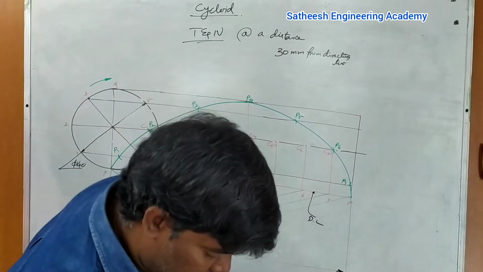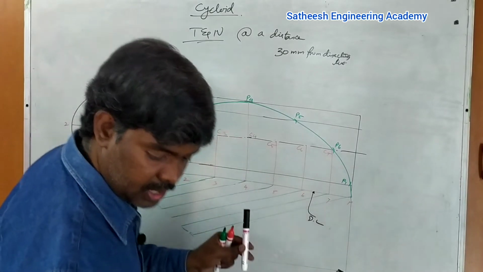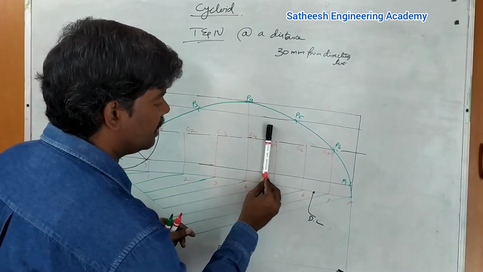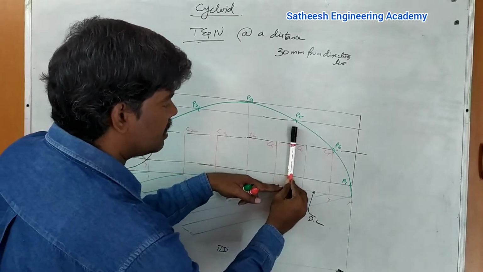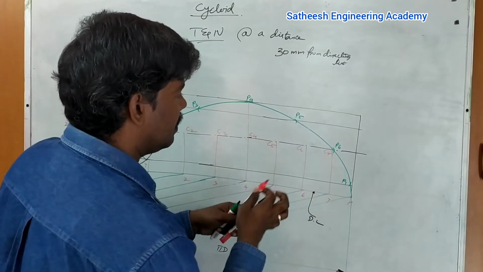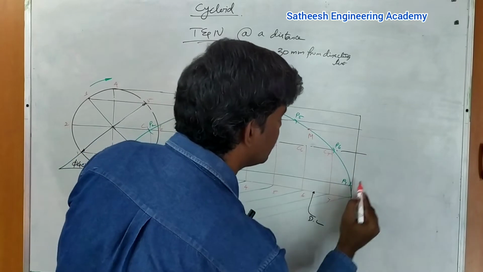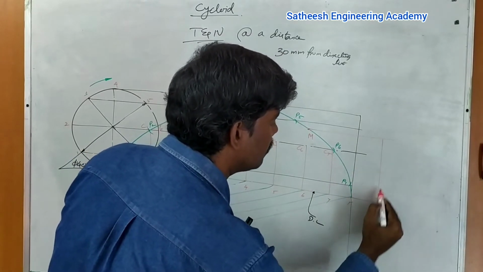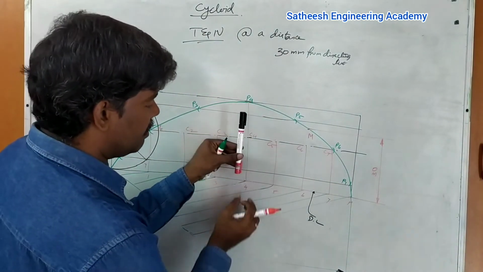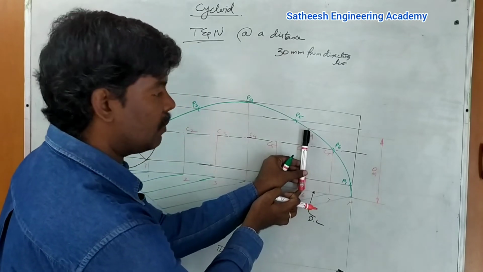Let us consider this point as letter M, at a vertical distance of 30 mm.